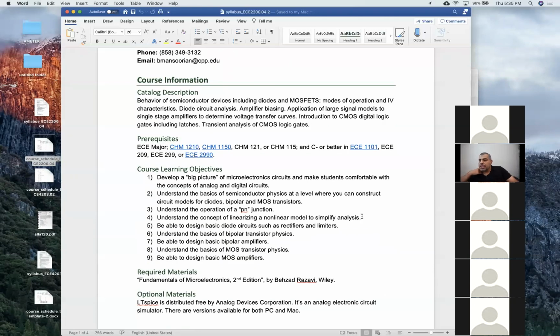In terms of the class, we're going to be working on microelectronics, and I'll have some slides just to give you a big picture. Hopefully you've had some circuit classes previously, so you're familiar with Kirchhoff's current law and Kirchhoff's voltage law.